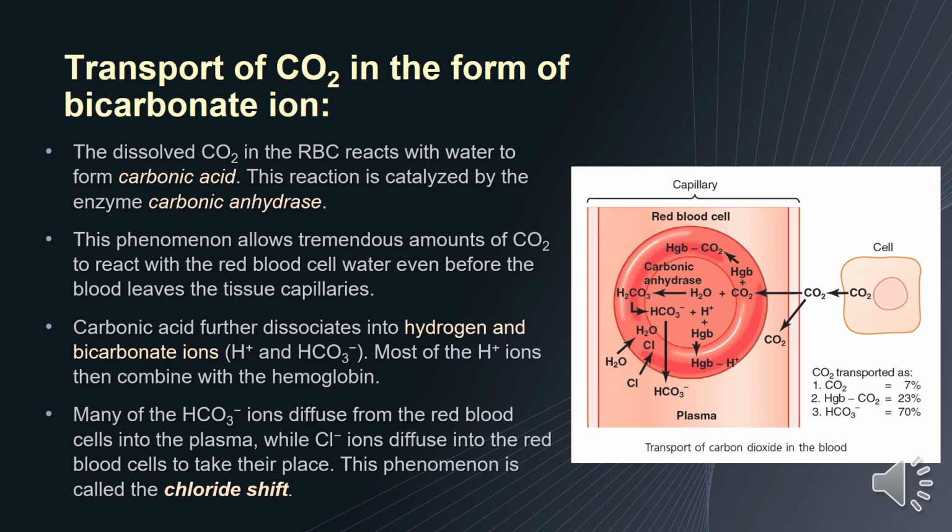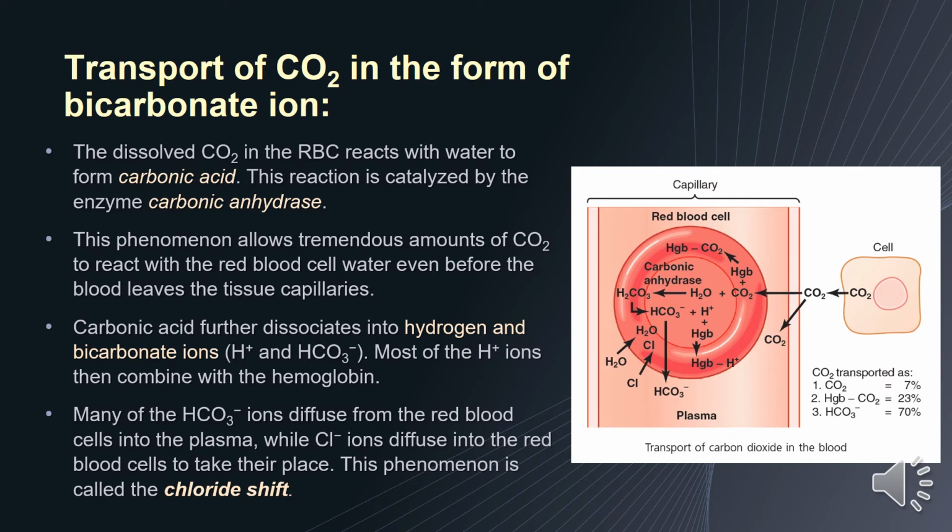Now, for the huge amount of bicarbonate that has been produced within the red blood cells, many of the bicarbonate ions diffuse out from the red blood cells into the plasma. And for keeping electrical neutrality across the cell membrane, for each bicarbonate ion leaving the cells, one negative chloride ion diffuses into the red blood cells to take their place.